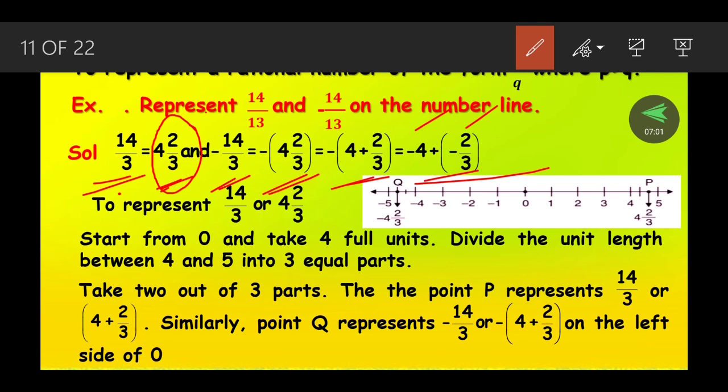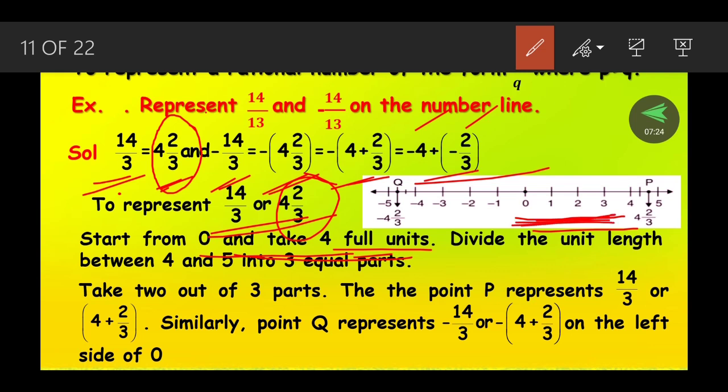So first, let's see 14 by 3 or 4 2 by 3. How to represent on the number line? So what we have to do? Start from 0 to 4. We have to take full units, 0 to 4.